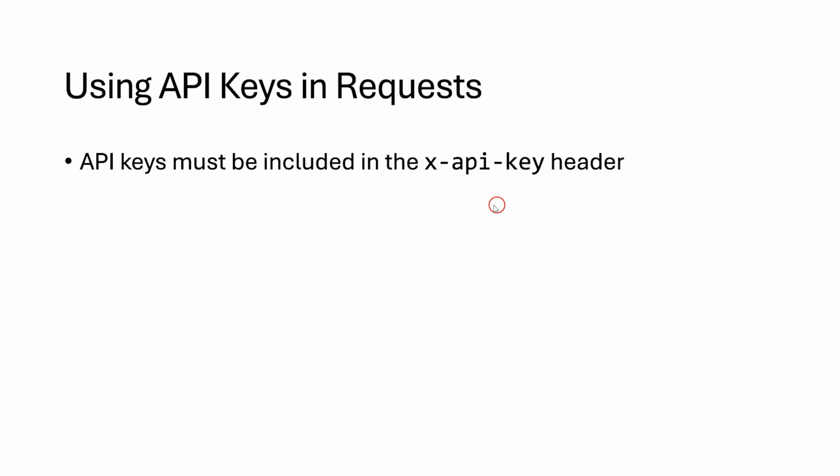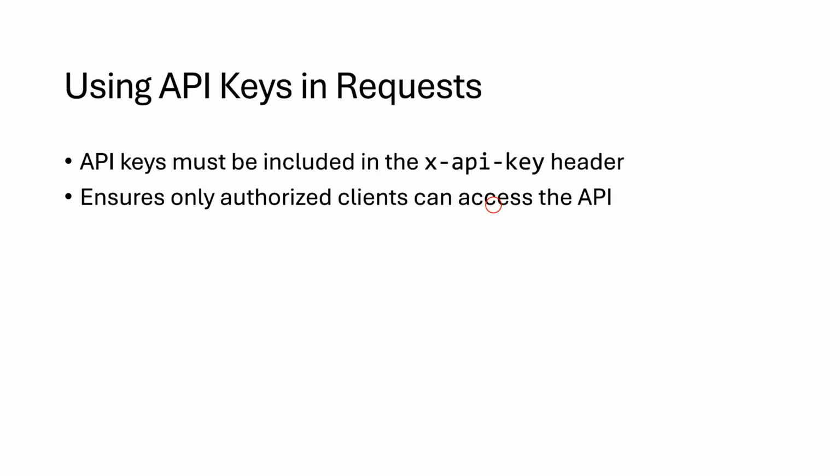Okay, without this key the request will be rejected, ensuring that only authorized users can access your API. If you fail to provide this API key and you defined your usage plan with some API keys, then obviously it will fail. Only authorized clients can access the API, otherwise it will be rejected.